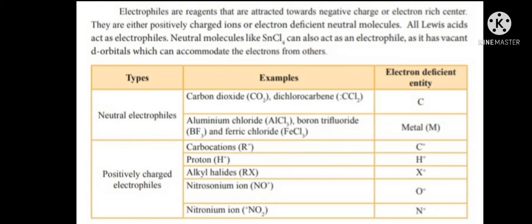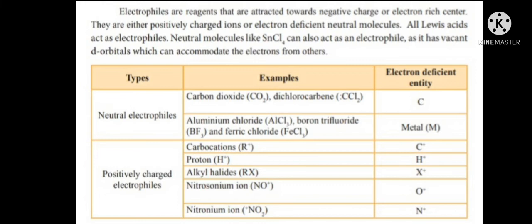They are either positively charged ions or electron-deficient neutral molecules. All Lewis acids act as electrophiles. What is Lewis acid? The substance having the tendency to accept a pair of electrons is called Lewis acid.